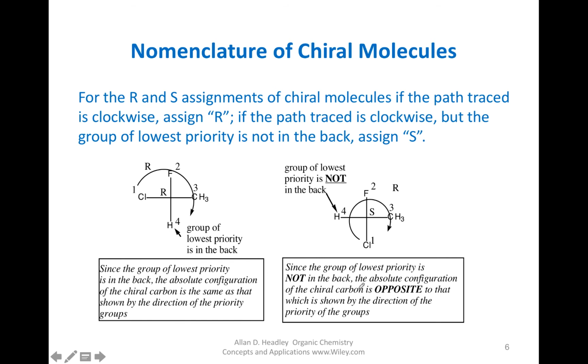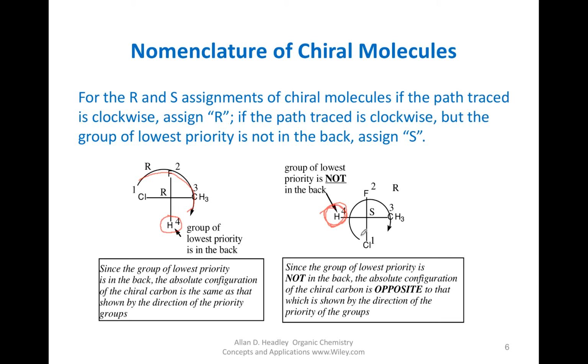So here's a little trick. We said if the group of lowest priority is in the back, you go 1, 2, 3, and if it goes clockwise, it's an R. If it goes counterclockwise, it's an S. But what happens if it's not in the back, as shown here? Because remember, that is a Fischer, so the horizontal will be in the front. So what happens if it's in the front? Here's a little trick.